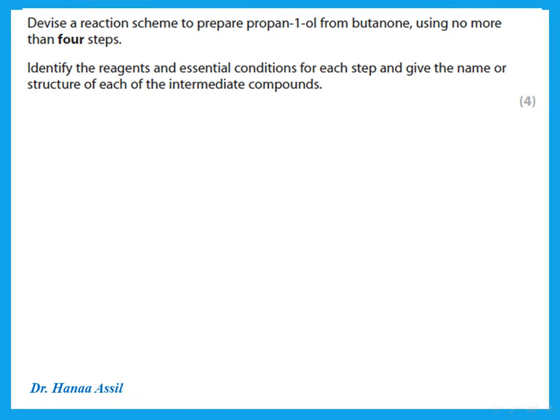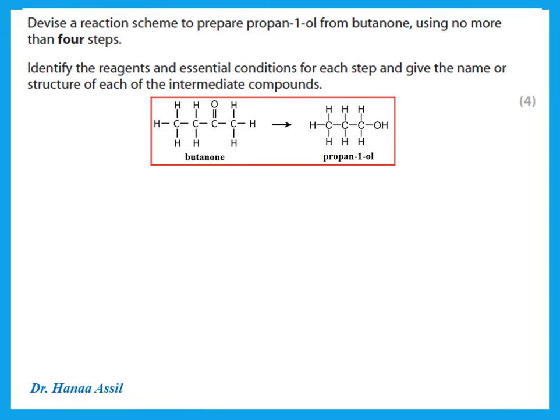This question says, devise a reaction scheme to prepare propan-1-ol from butanone. So we're trying to make propan-1-ol from butanone. Of course, this means I'm removing one of the carbons of the butanone. Okay, and he says using no more than 4 steps. So how do I change butanone to propan-1-ol?